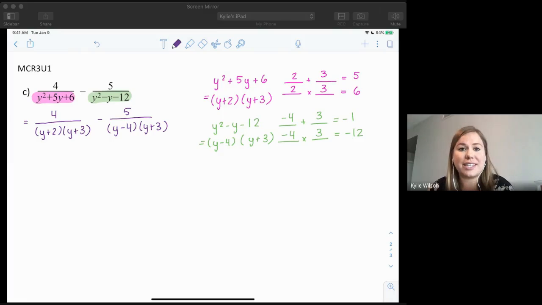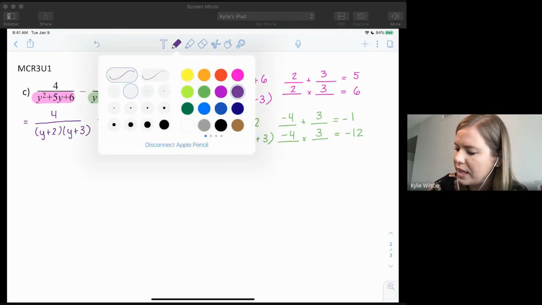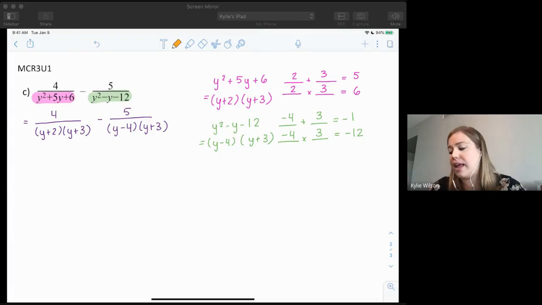So this one here is a perfect example for talking about finding lowest common denominators. So our goal here, I'll use a different color because I already used pink, is to make our denominators match. So our first expression here has y plus 2 multiplied by y plus 3.